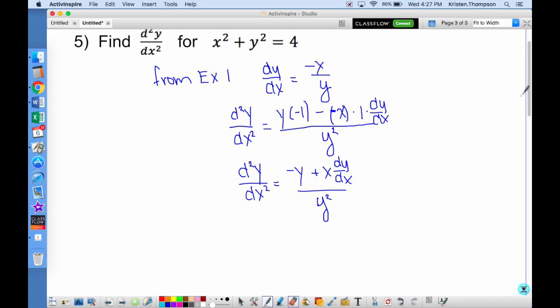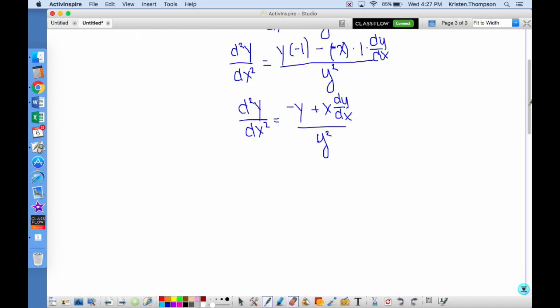So if you need to write the second derivative, you need to replace dy/dx. And what does dy/dx get replaced by? Well, with whatever dy/dx is. In this case, dy/dx was negative x over y, so I'm just simply going to replace dy/dx with negative x over y. If you just need to find the second derivative, once you've replaced dy/dx, you're done.